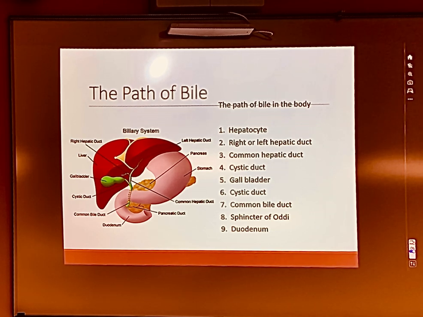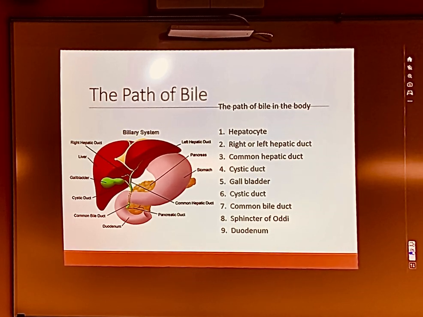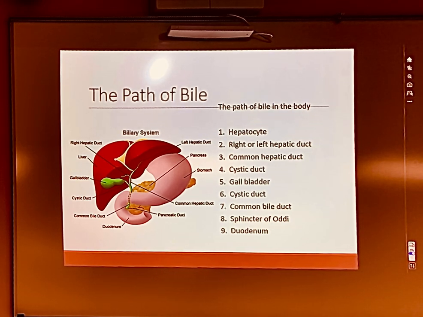So from the hepatocytes, the bile is going to go either to the right or the left hepatic duct to be drained, into the common hepatic duct, into the cystic duct, into the gallbladder, back out of the cystic duct, into the CBD or the common bile duct, through the sphincter of Oddi, and down to the duodenum, which is just the beginning of the intestine. Okay?